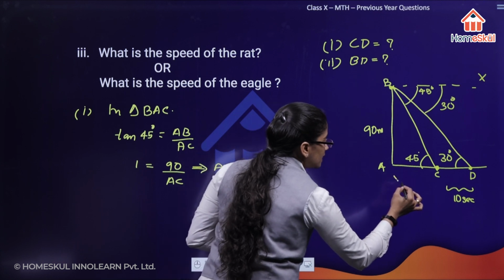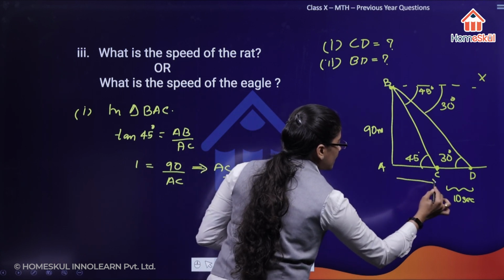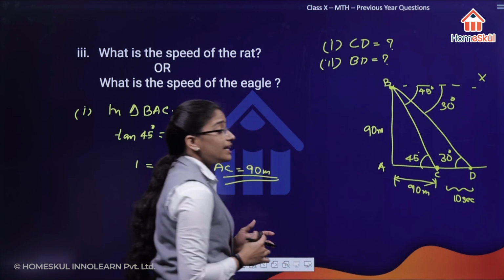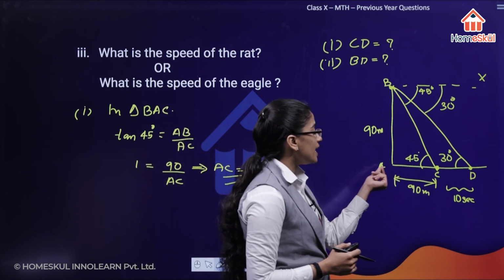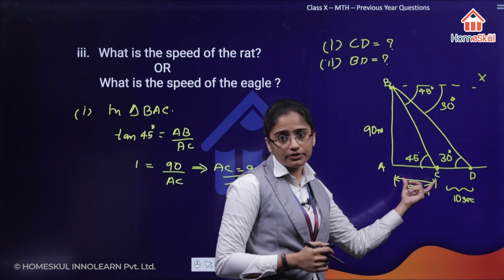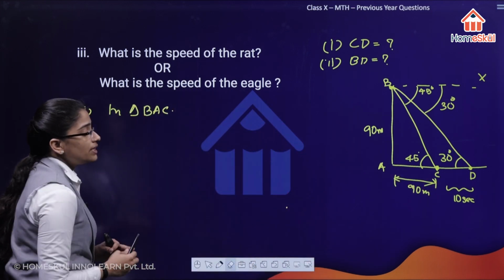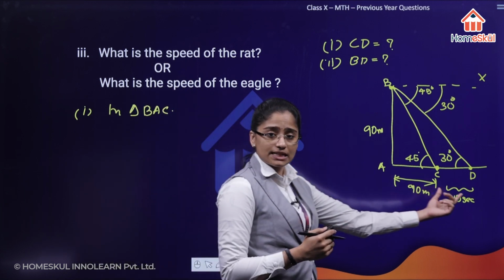We are getting this distance: AC is equal to 90 meter. That means at the initial stage, the rat is 90 meter away from the tree. Now, with this, we can find out the distance traveled by the rat in 10 seconds.